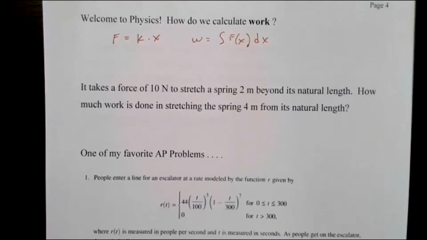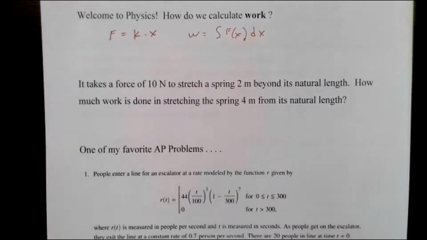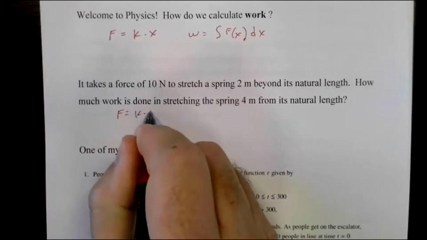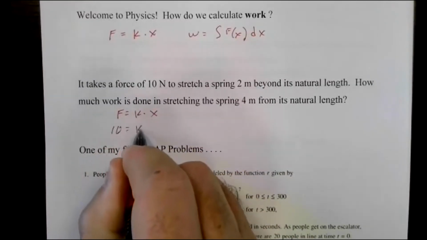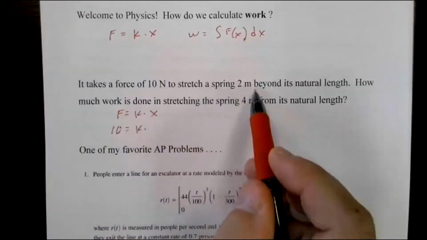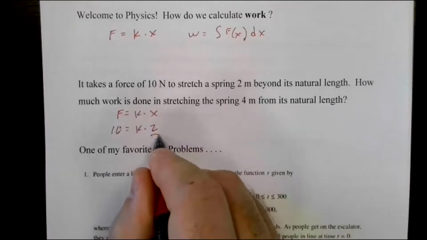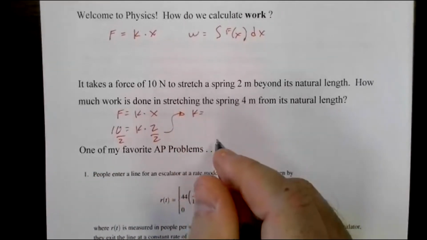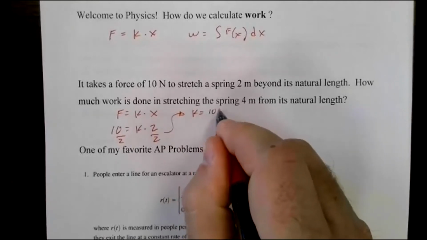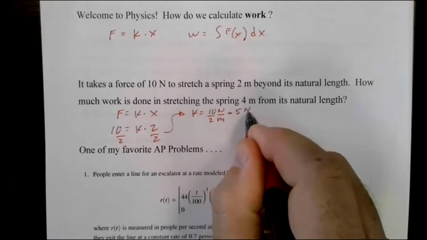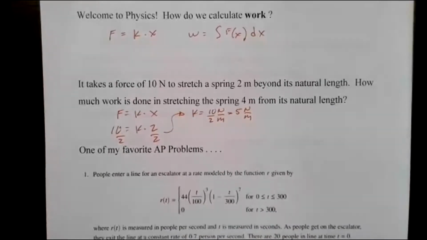So here we go. Here's the question you'll see, and I have actually seen this on an AP exam. F equals k times x. 10 equals some k times, if a force of 10 newtons, there it is, you stretch spring 2 meters, divided by 2, divided by 2. My k value now is, careful, 10 newtons per meter, pardon me, over 2, 5 newtons per meter.